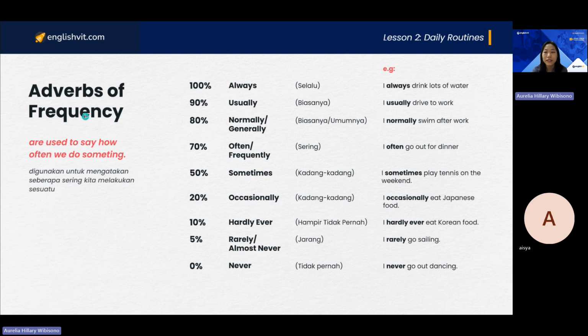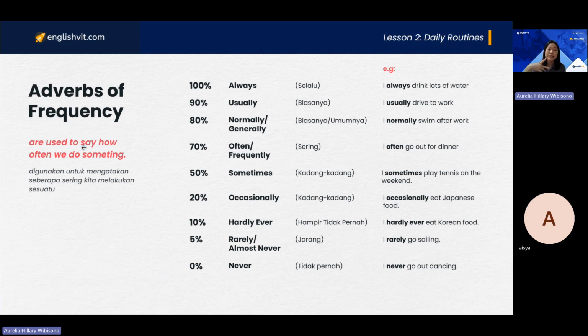Adverbs of frequency. Do you still remember what adverbs are? Adverbs are kata keterangan. Is that correct? Yes, that's correct. An adverb of frequency is kata keterangan frekuensi. Right? Okay, yes, correct. They are used to say how often we do something.